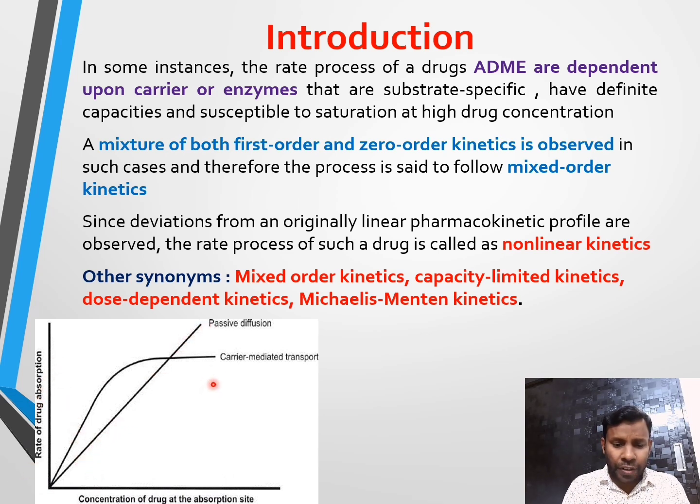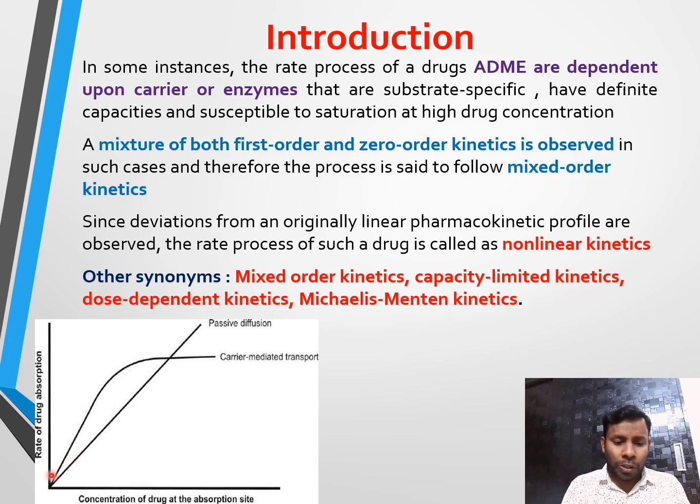But in the case of the carrier mediated transport system, the graph will increase up to a certain point, then it will become constant. When these carriers get saturated, from that point the rate process will go on at a constant rate.